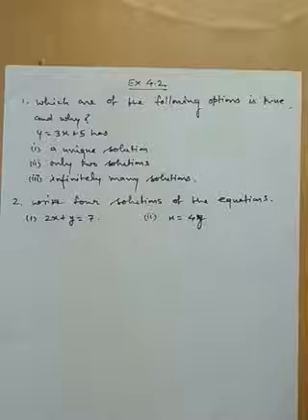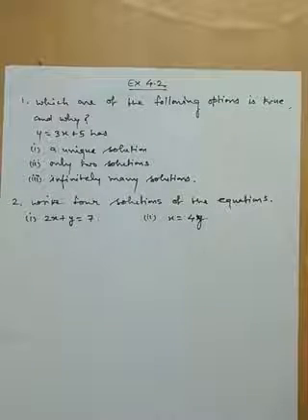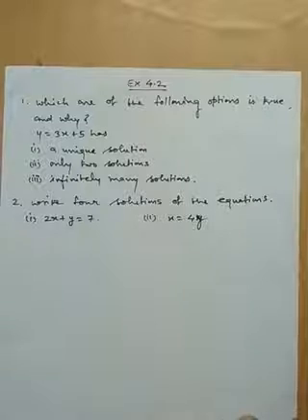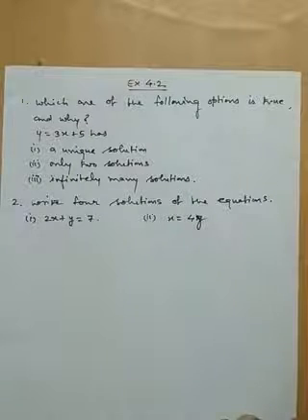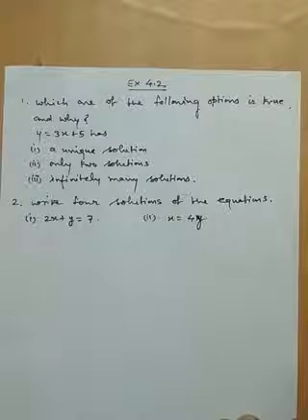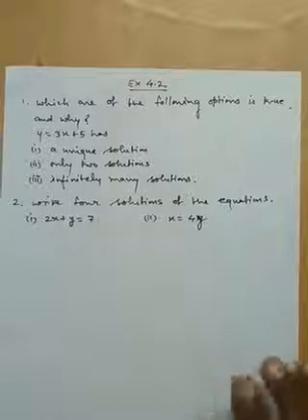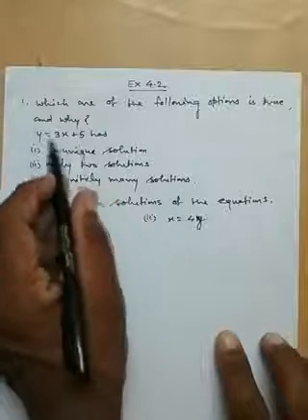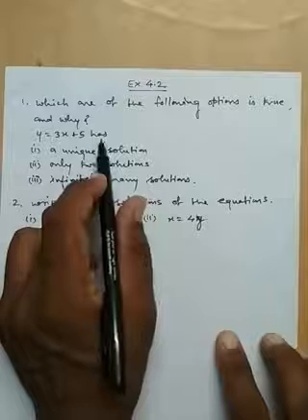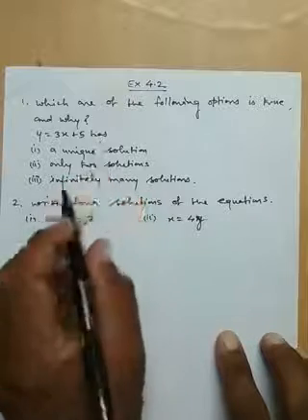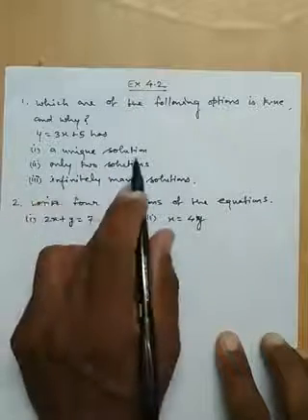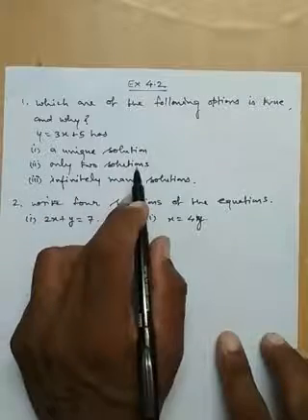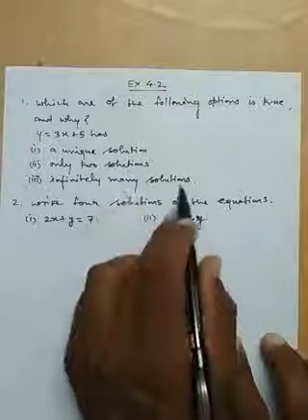In exercise 4.2, our first question is, which one of the following options is true and why? Our equation is y equal to 3x plus 5. This is a linear equation in two variables, and it has a unique solution, only two solutions, or infinitely many solutions.